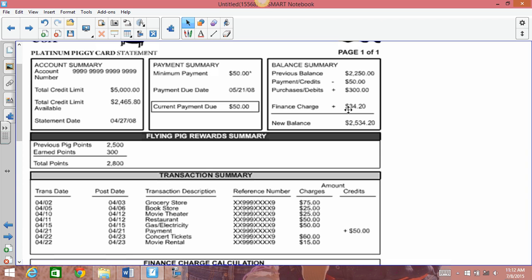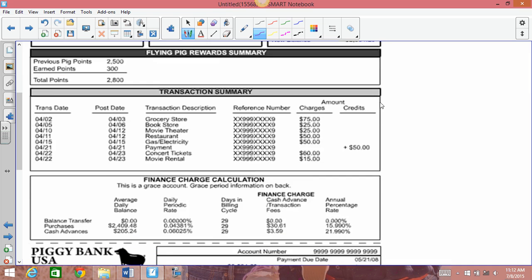The finance charge is our big piece here that we want to really verify. This is the piece that I'm going to star here, because that's the piece that I'm interested in making sure, is this finance charge that they're saying that we owe indeed correct?